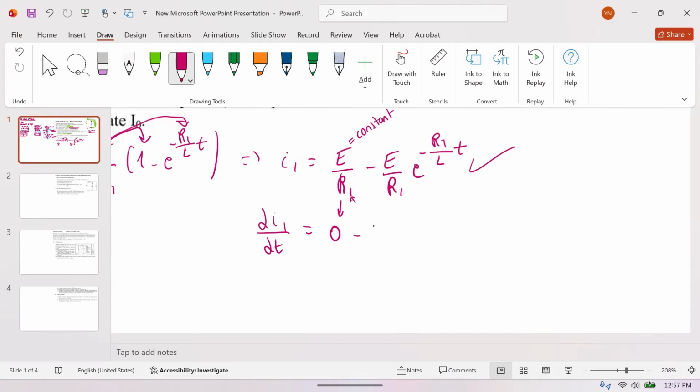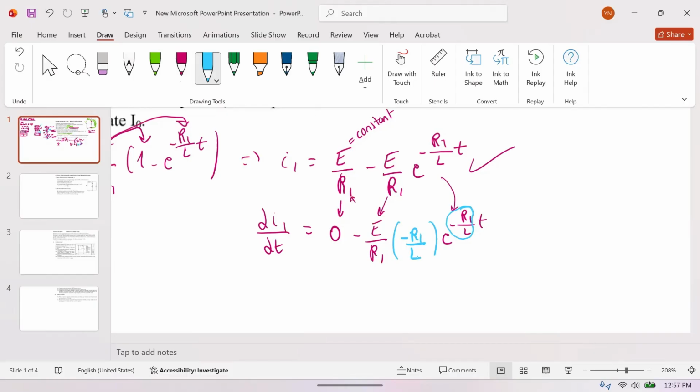Now, if you're good with the exponential, you're not supposed to struggle with that. If you're not, just rewrite everything that you already have in your expression. So I rewrote E over R1 and the exponential, and I just put a parenthesis in between them, and I put whatever is next to t on the line.